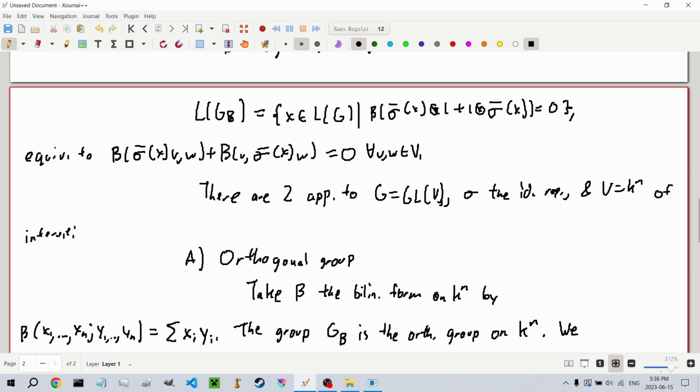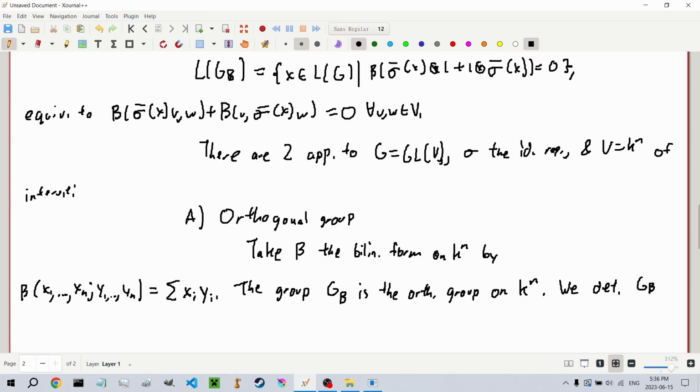Now we also want to determine G of beta and L of G of beta explicitly.